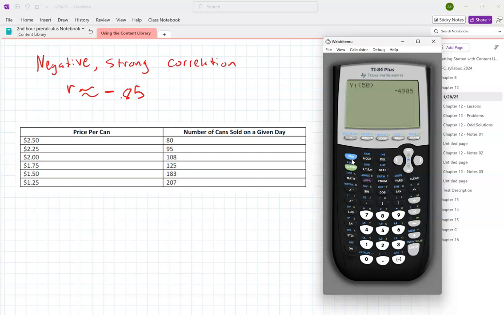I plugged in $50. I said 50 cents. What should I have typed in for 50 cents? 0.50. Oh, good golly, Miss Molly, that makes a lot more sense. So if I charged 50 cents, I'd sell about 277 cans of soda pop or whatever this is. That would be my prediction.